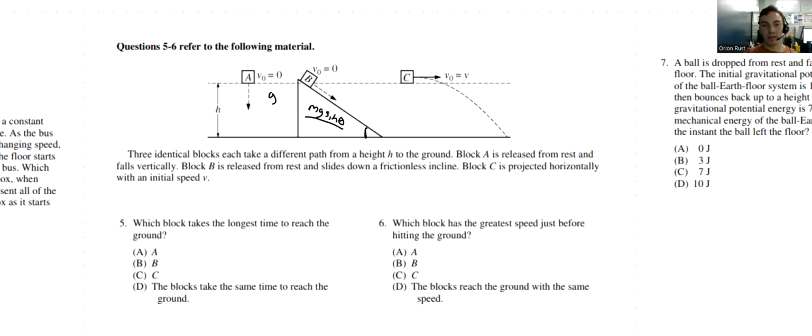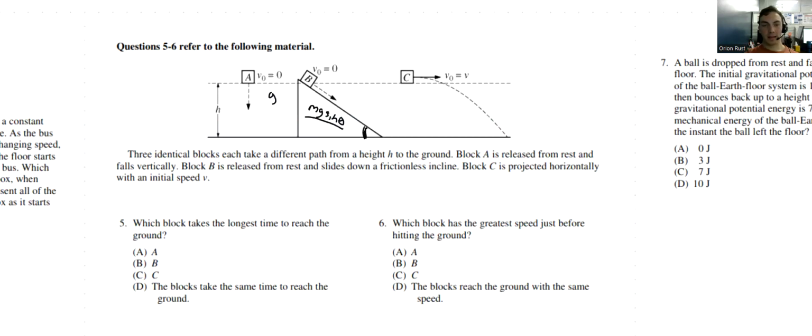We won't go through that because it's a pretty lengthy process, but know that because it's at an angle, it's going to be a component of the force of gravity, mg. And because this is an angle that's less than 90 degrees, and sine 90 is 1, it's going to be less than 1. So this is going to be only a part of the force of gravity that's pushing it downwards.